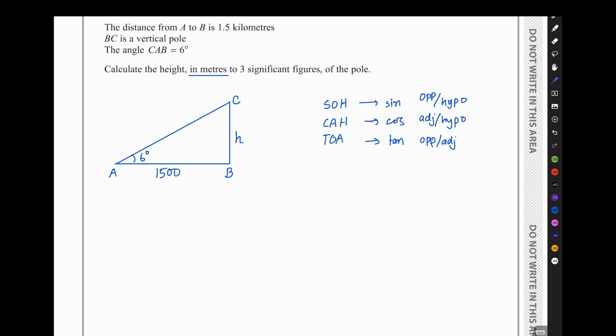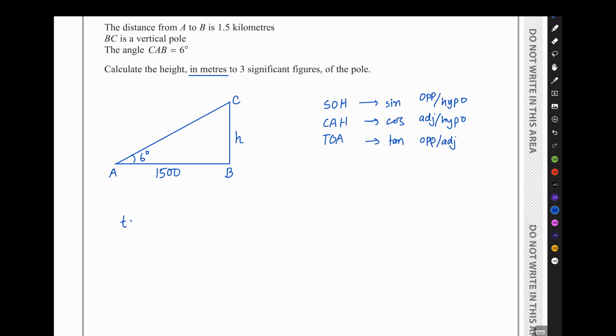So how do we know which one is adjacent and which one is opposite? We already know the angle, which is 6 degrees. The side that is right beside the angle is the adjacent side, and the side that is opposite to the angle is the opposite side. That's pretty much it.